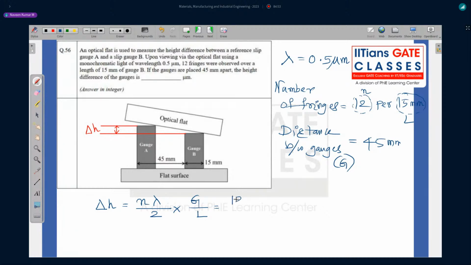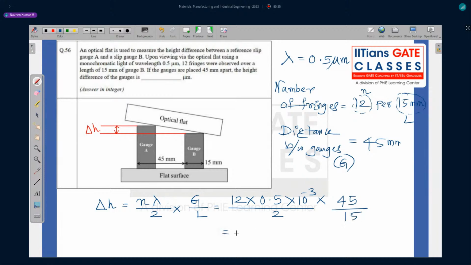That is 12 fringes into wavelength, 0.5 micrometer. But here all are given in mm, so let's convert into mm. 0.5 micrometer, if you multiply with 10 to the power of minus 3, you will get it in mm, divided by 2 into 45 is G divided by 50.